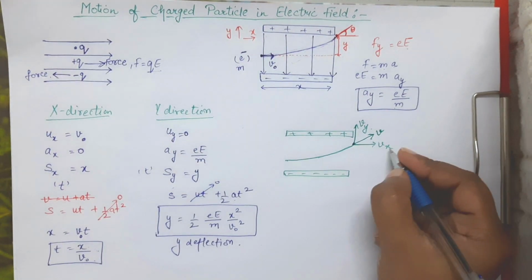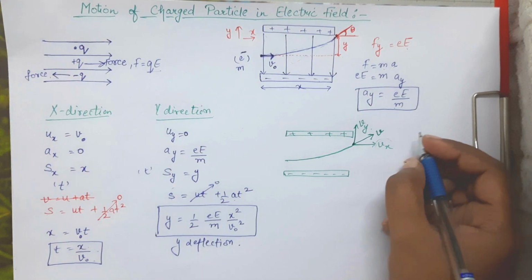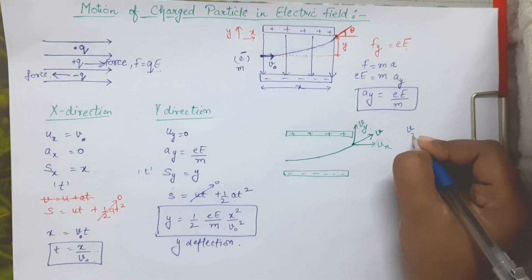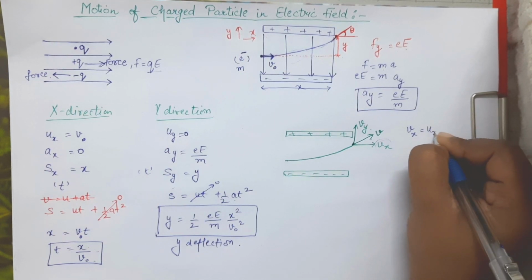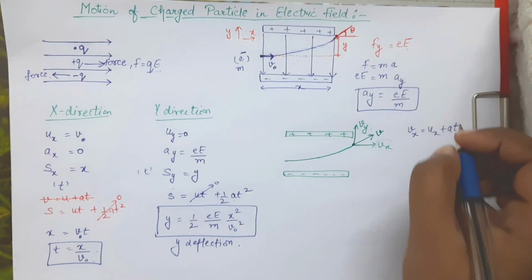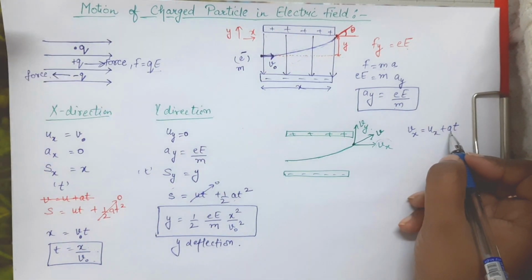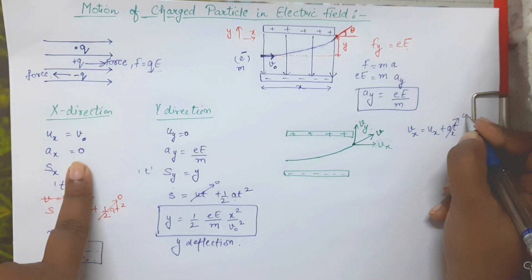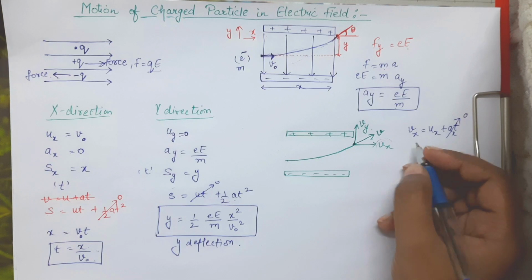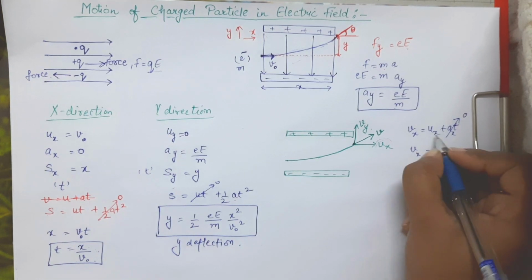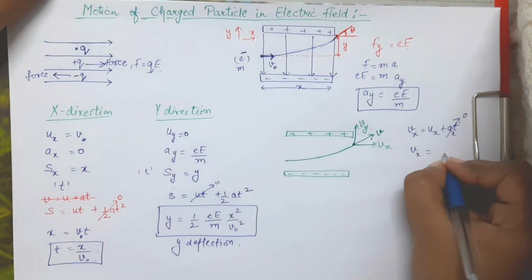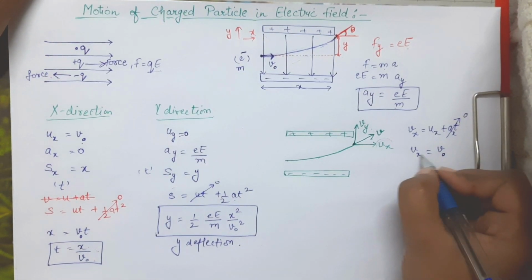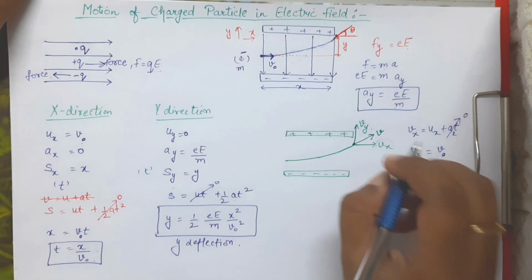Now along x direction, for vx, I'm going to use the formula v equals u plus at. So for x direction it will be vx equals ux plus at. Along x direction, acceleration is 0, right? This is axt, it is 0. Velocity along x direction, vx, will be equal to ux. ux is v naught, because initial velocity along x direction was v naught. So vx is equal to v naught.